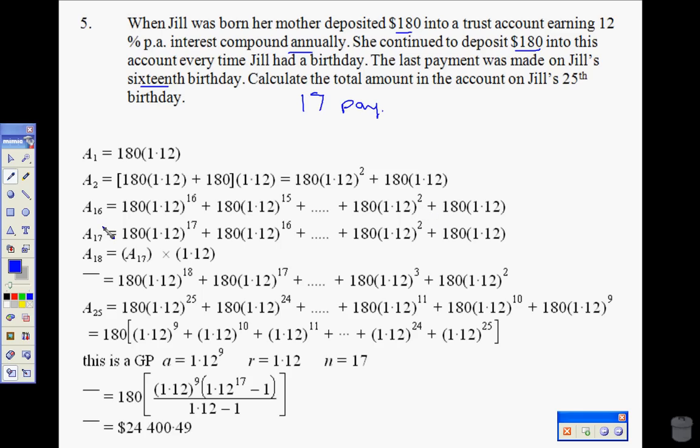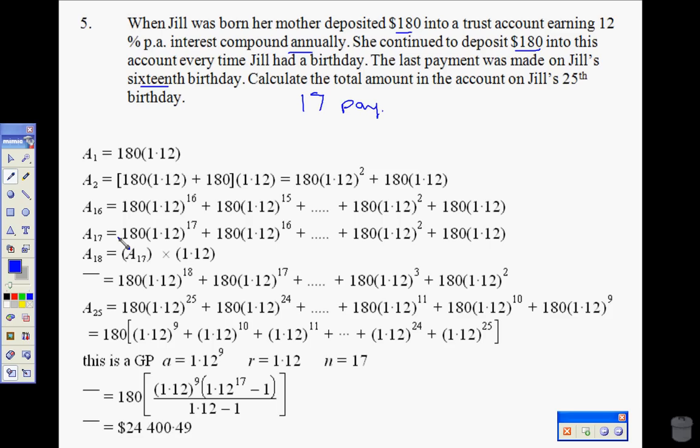So after being invested for 17 years, we get the expression A17, which is 180 times 1.12 to the power of 17, plus 180 times 1.12 to the power of 16, right down until 180 times 1.12. That's how much it has earned after that amount of time.